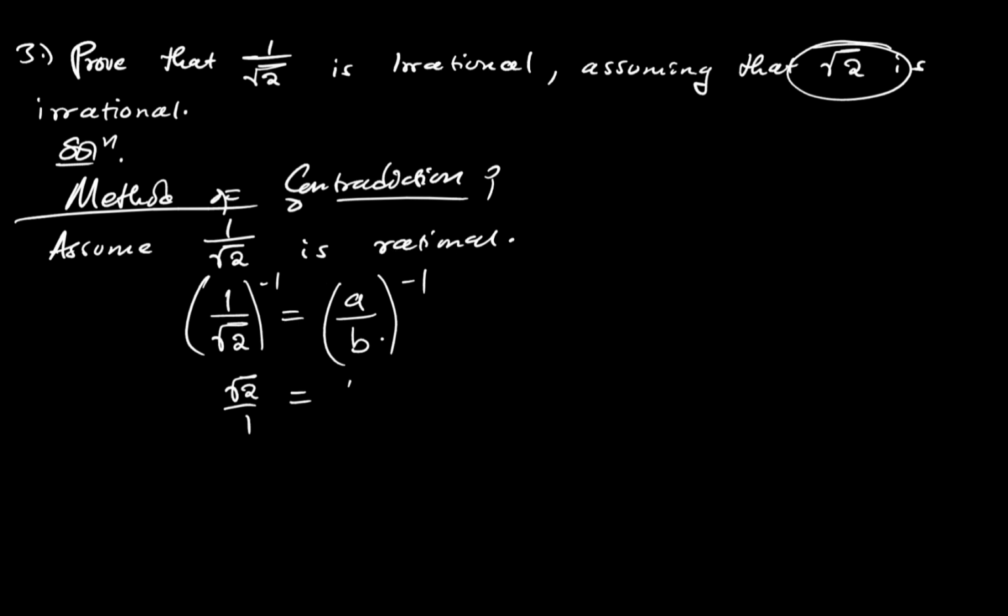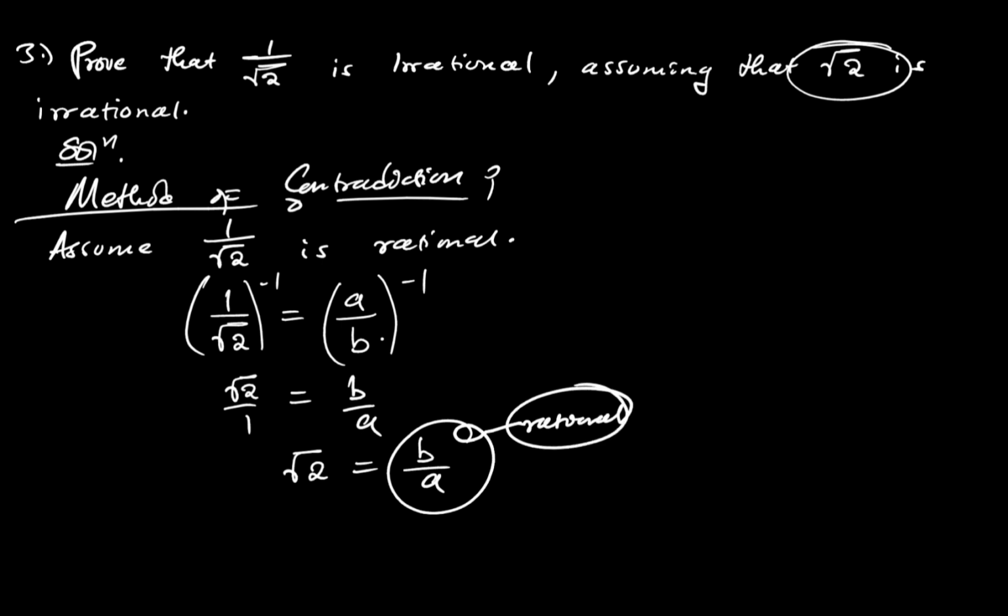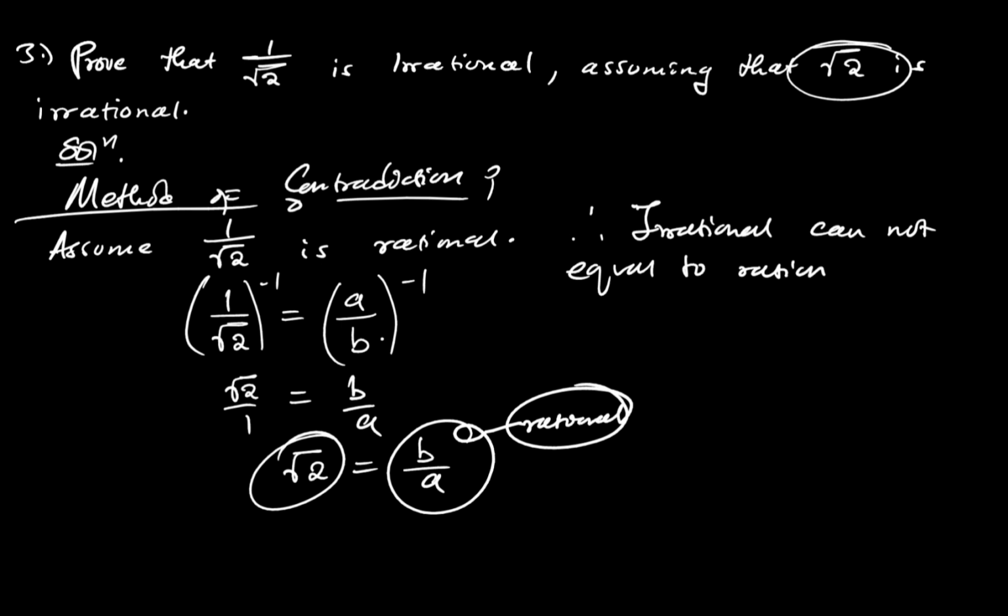It's going to be b over a. Now look at this. You're having root 2 being equal to b over a. Remember, this is rational, but the other guy is not rational. So we can say that irrational cannot equal rational, because we've been told in the question that root 2 is irrational.